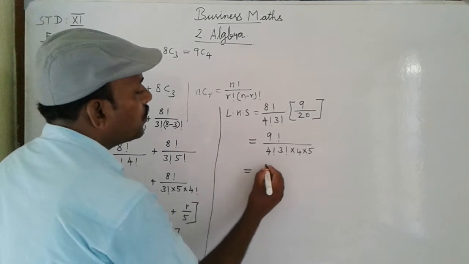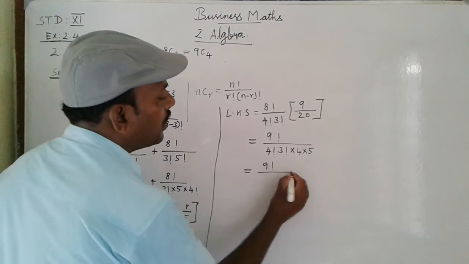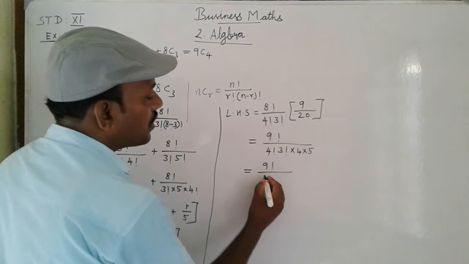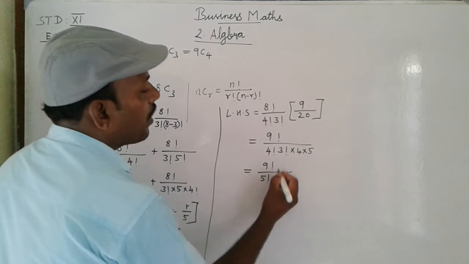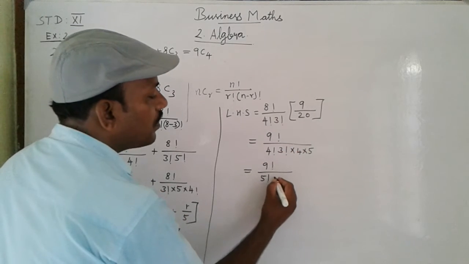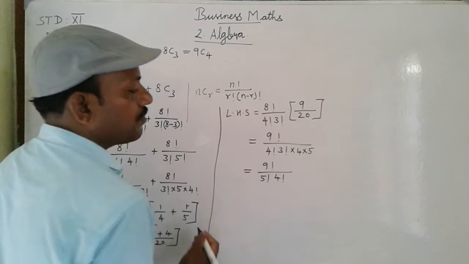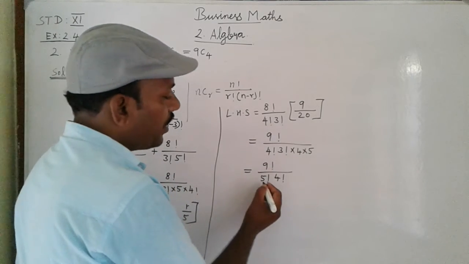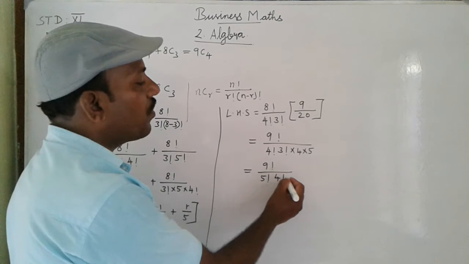So that is equal to 9 factorial divided by 4 factorial into 5 is 5 factorial, 3 factorial into 4 is 4 factorial. So 9 factorial divided by 5 factorial into 4 factorial.